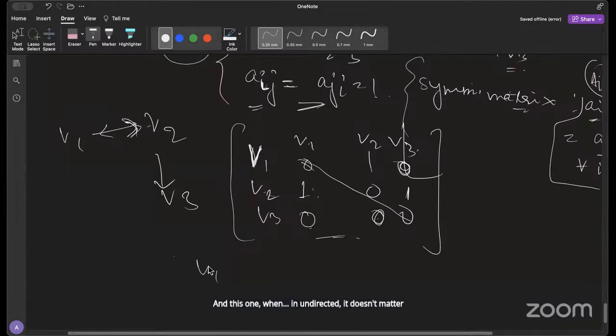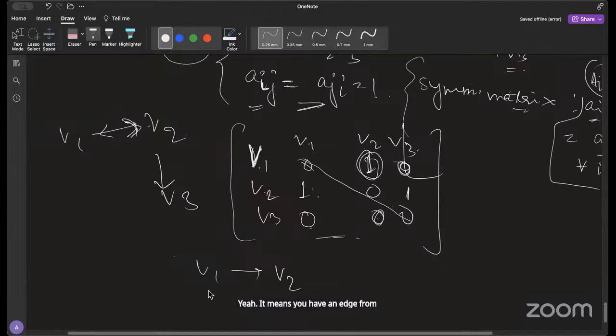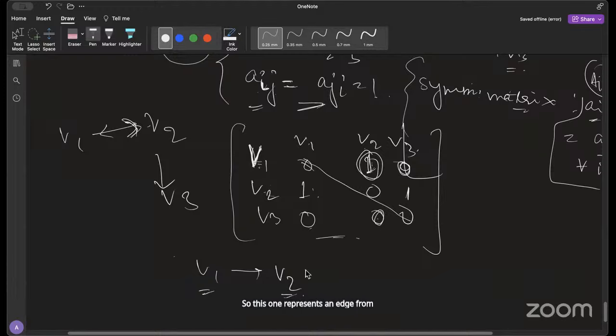When you write it in this manner and say V1 to V2, when you put a 1 here, it means you have an edge starting from V1 and directed towards V2. So this one represents an edge from V1 to V2, and this one represents V2 to V1. So here outgoing and here incoming.